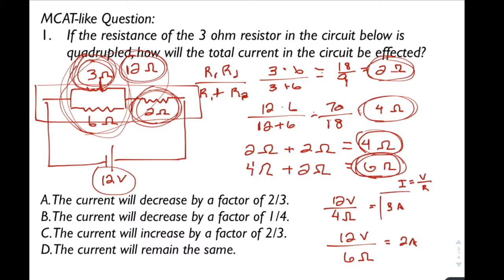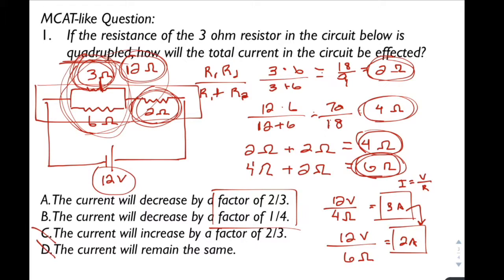So now I have the current running through the combination circuit for both the 3 ohm resistor and the 12 ohm resistor, since it's quadrupled. Now I just have to identify how these compare. Is the current decreasing or increasing? Obviously the current is decreasing, so by process of elimination I can already eliminate C and D. Now it's just a matter of using algebra to solve for what factor it's decreasing by.